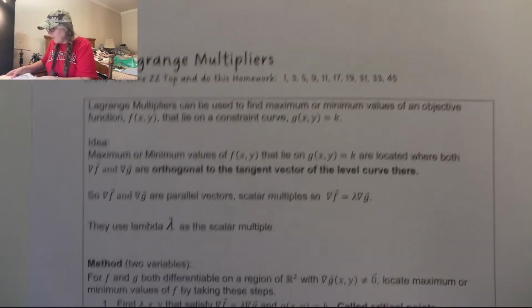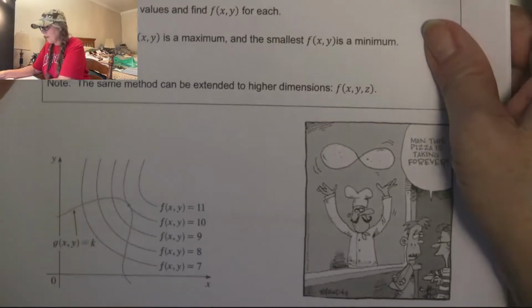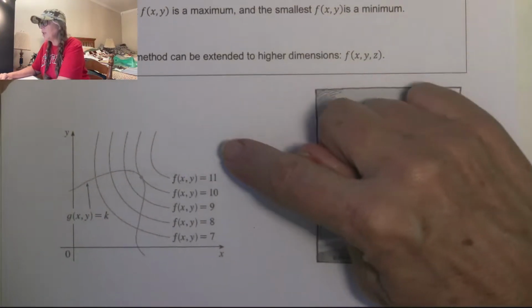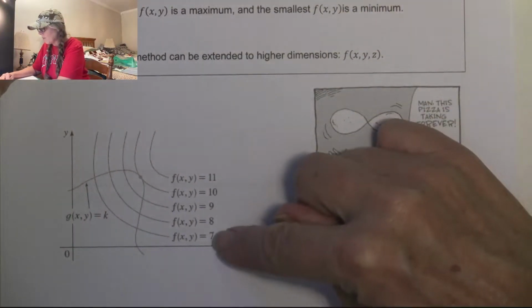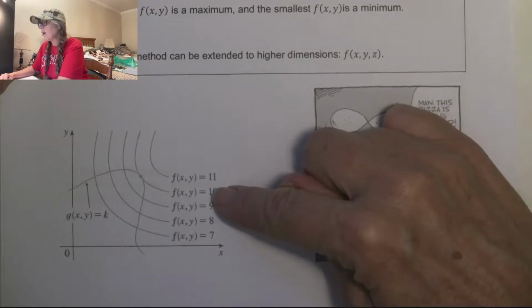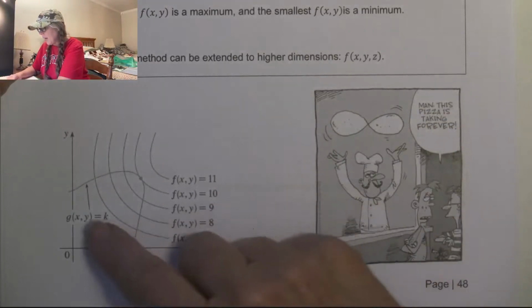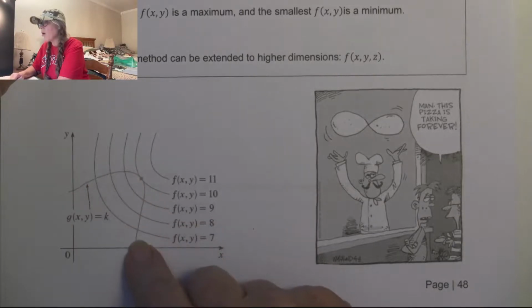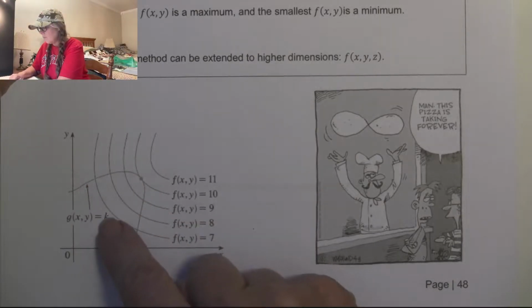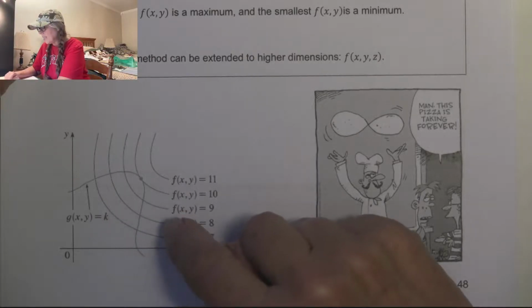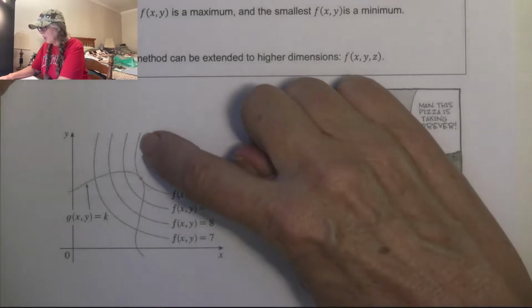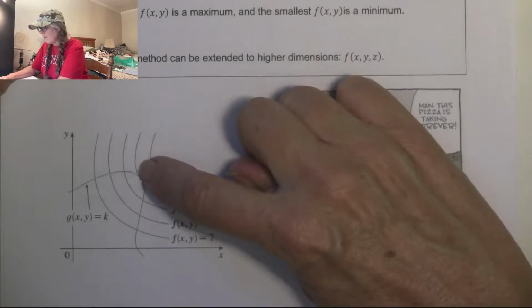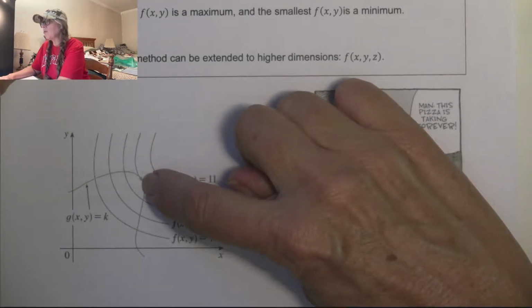The way we're going to be thinking about this is that we could look at different level curves for our function, and we can look at the level curve that goes with our constraint function. Usually this is just one particular value, and the idea is that we're going to be looking where the two of these meet just tangent to one another.